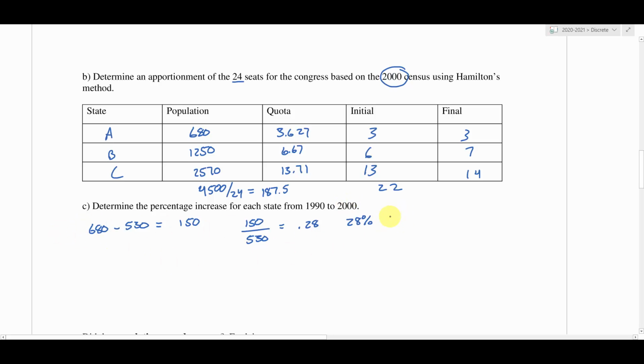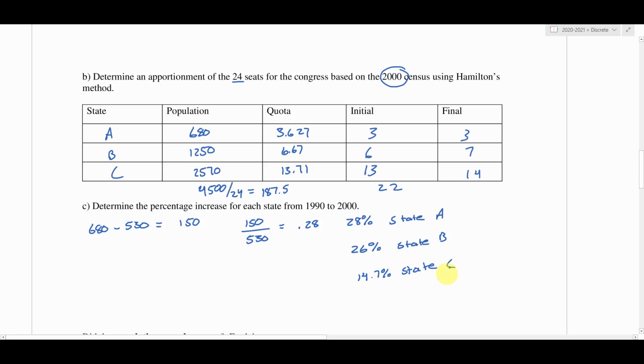And that is for state A. If I do the same calculations for the other two states to calculate their percentage increase, state B had a 26% population increase, and state C had a 14.7% increase in population.